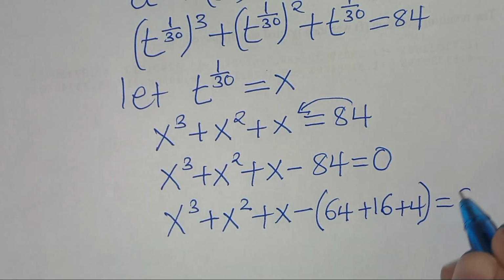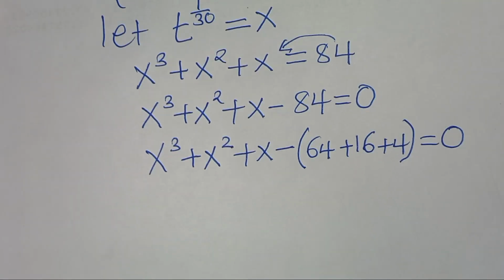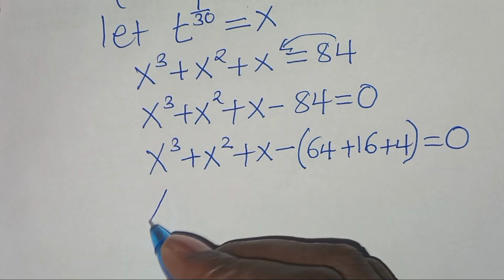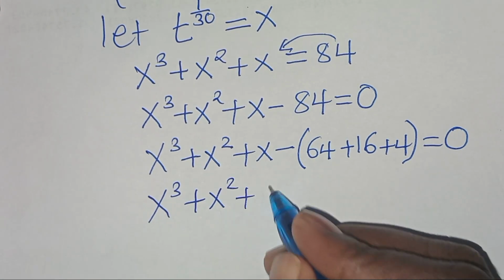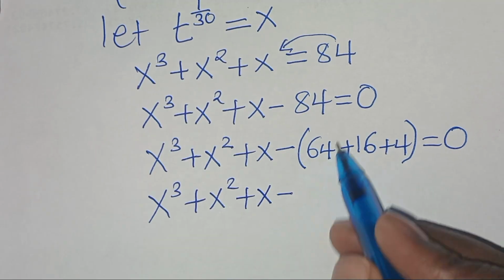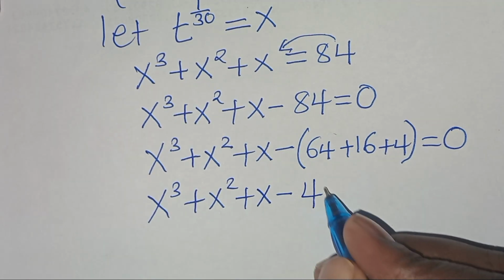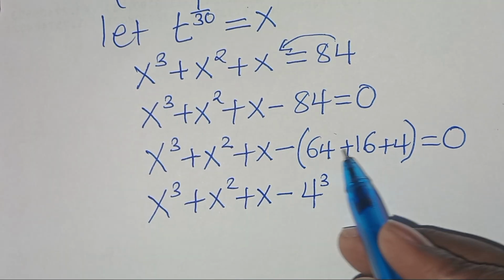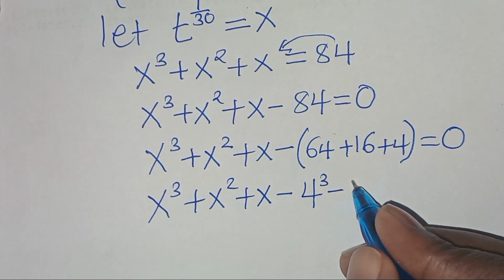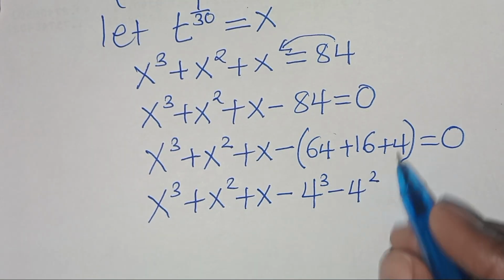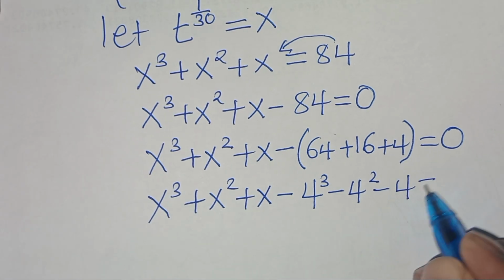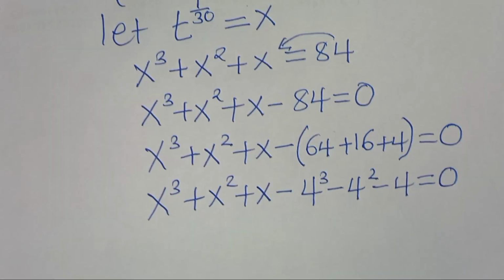This is equal to 0. Now, the next step from here, we have x to power 3 plus x to power 2 plus x minus 64 can be expressed as 4 to power 3, minus, plus 16 can be expressed as minus 4 to power 2, then minus, plus 4. This is minus 4. This is equal to 0.